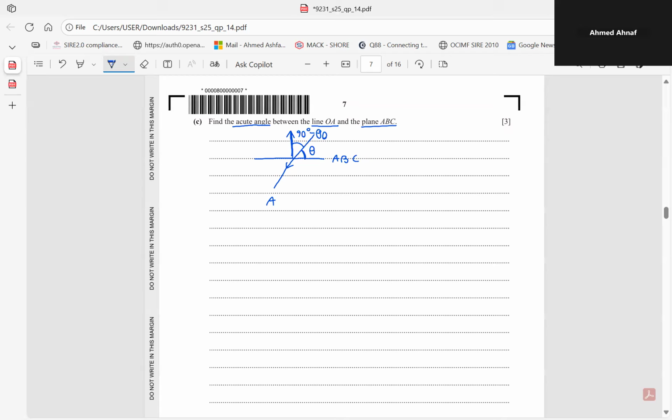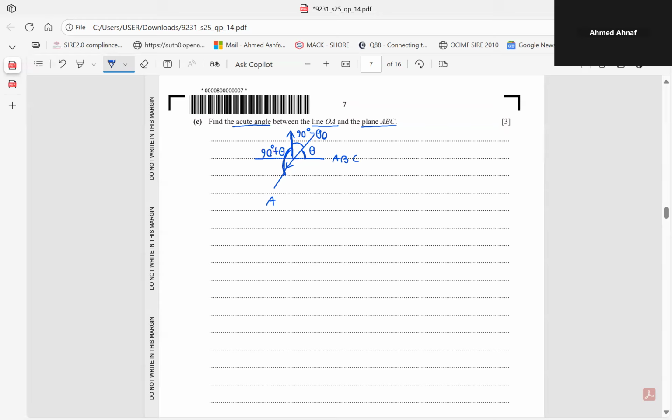Let's see if there's anything else. Oh, okay. So if we somehow get the obtuse angle between the normal and the line OA, this is obviously just equal to 90 plus theta.